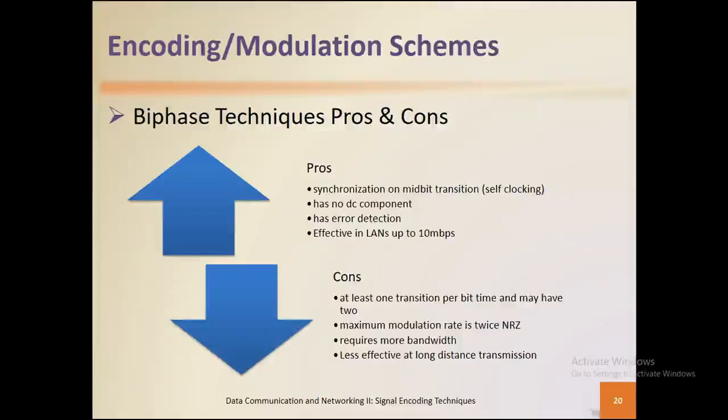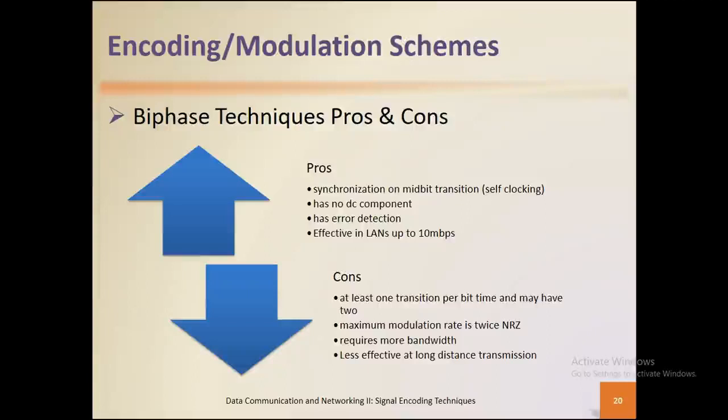Okay, challenges or pros and cons that you might find with the biphase techniques. You have synchronization on mid-bit transitions. At a pro level, it helps with self-clocking because of timing. Hence, one of the reasons why it's very, very efficient in LAN transmissions, up to 10 megabits per second.